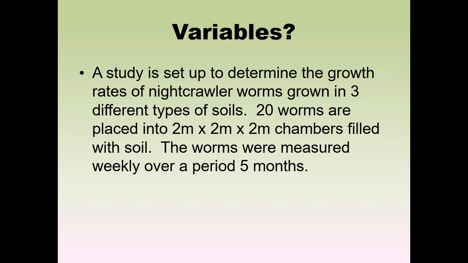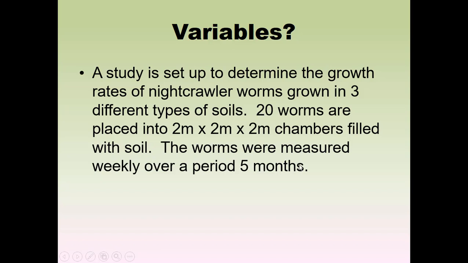Now, when we explore this, what would be a controlled variable in this example? Well, we've got a couple of examples of controlled variables. The size of the chamber was controlled, that was consistent, 2 meters by 2 meters by 2 meters. The number of worms that we start off with was controlled.